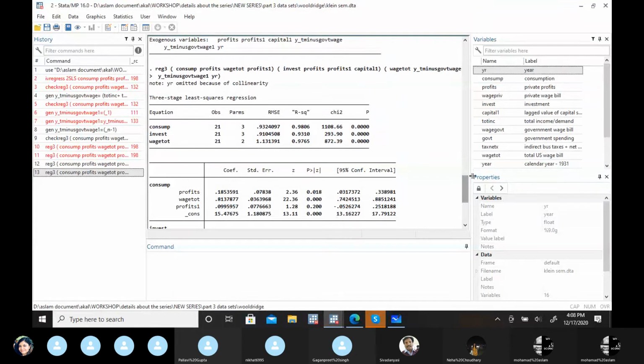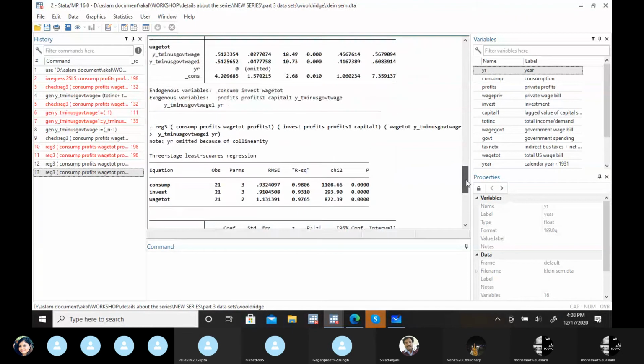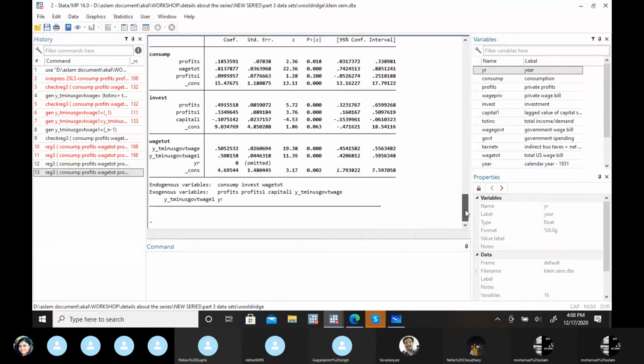Another thing is that their results are with Z, and 2SLS results are with T, but that's not the big thing here. Do any of you know the difference between 3SLS and 2SLS, two-stage least squares and three-stage least squares? Has anyone done three-stage least squares in your basic econometrics course?